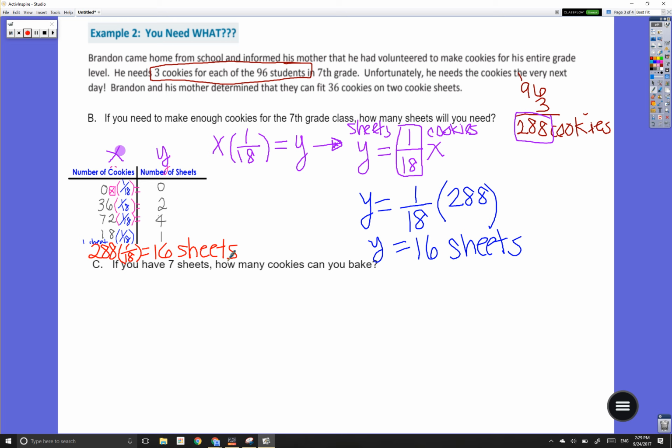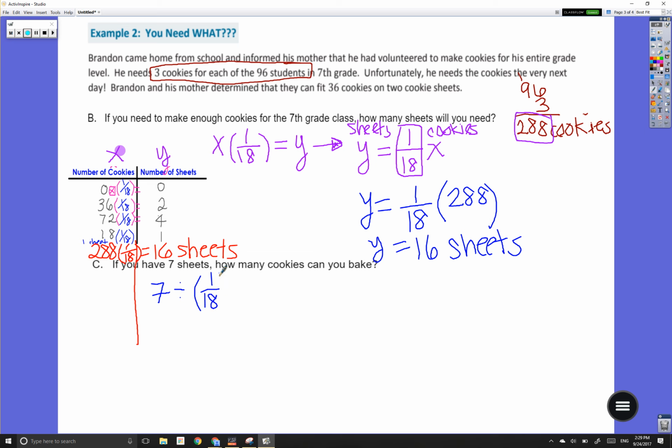The next question says, if you have 7 sheets, so now how many cookies can you bake? So I'm going to start by using the table again, and the table up here, if we were to just extend it, and I'm going to change colors. So if I extended the table, I would need to put the 7 sheets over here. So if I want to figure out the cookies, I can't multiply by 1/18th, then I would have to divide by 1/18th.